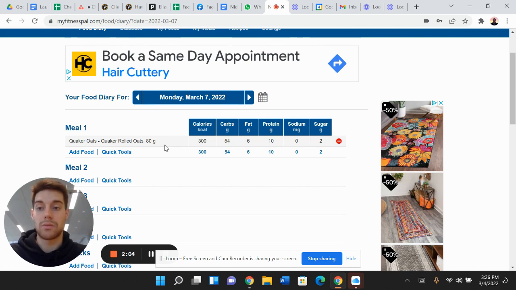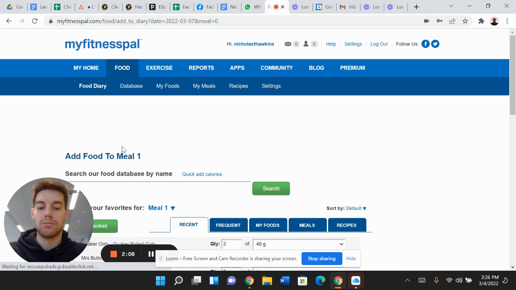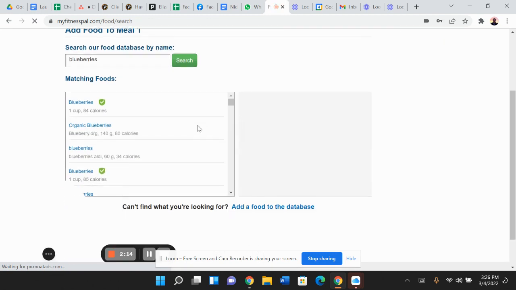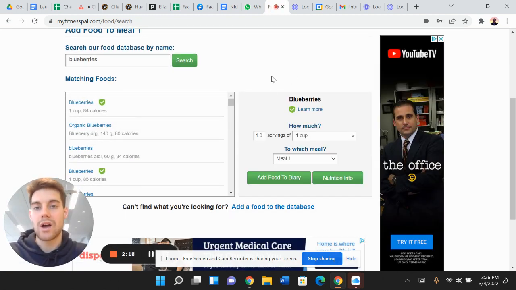And again, you're setting the script for yourself. I'm also going to have some blueberries in my oatmeal with that. Cool. Blueberries, awesome. Whenever I'm weighing food, I always like to use ounces, unless it's oats and things like that.